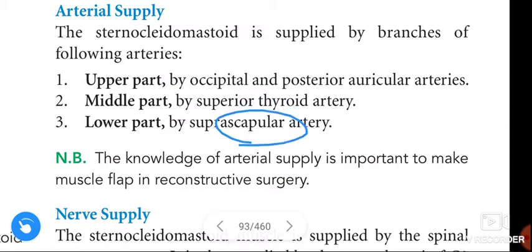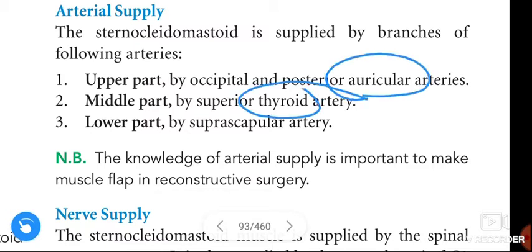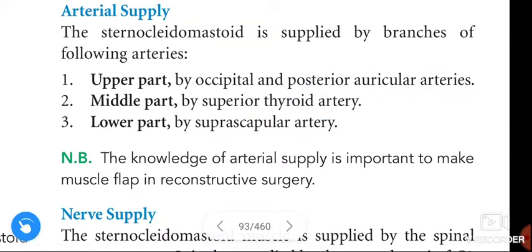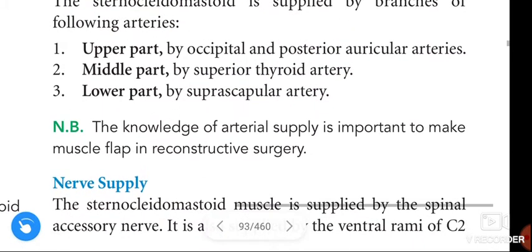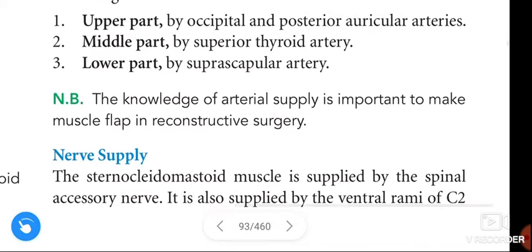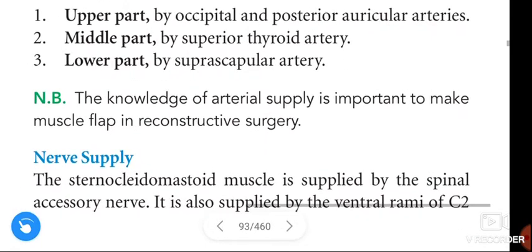Scapula is lower when compared to the thyroid, and the thyroid is lower when compared to the auricles, that means ears. Ears are in the upper position, thyroid is lower to that, and the scapula is lower to that. You have to remember that like a mnemonic. Okay, next, coming to the note.